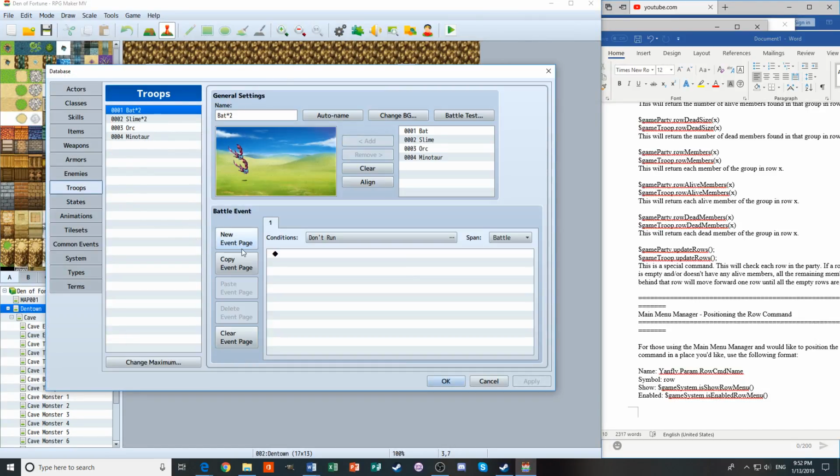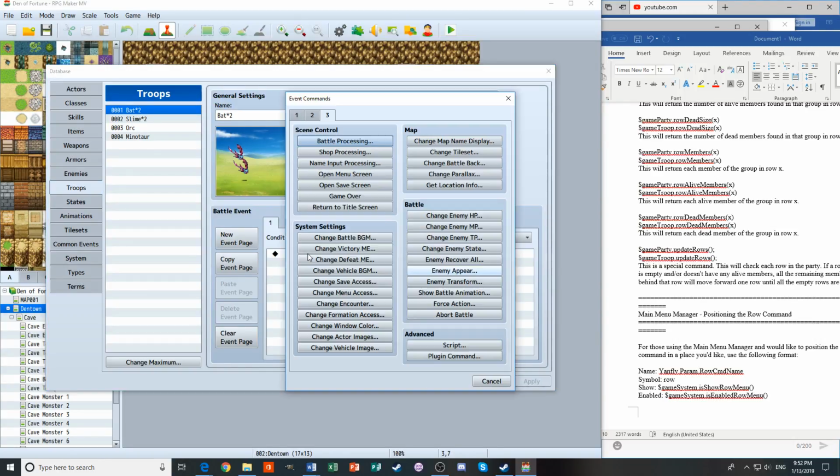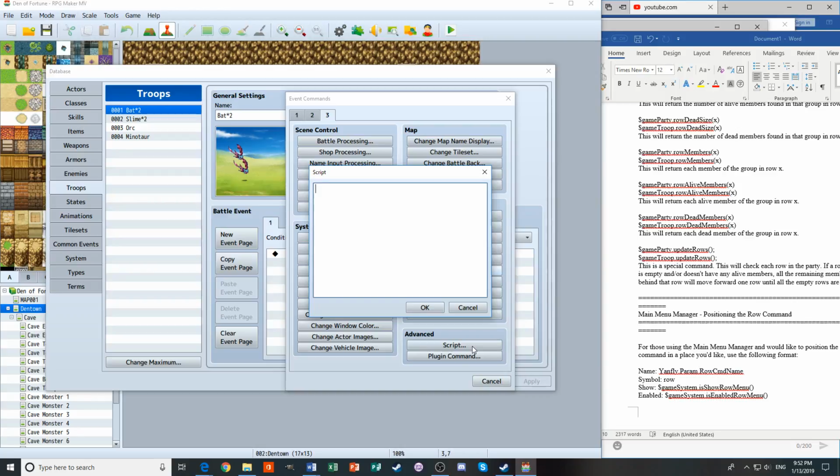Okay, if we go under troops, script, I could put it here and have it run at the end of every round of combat.